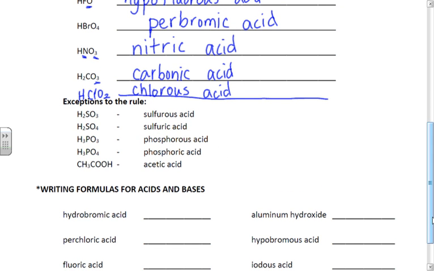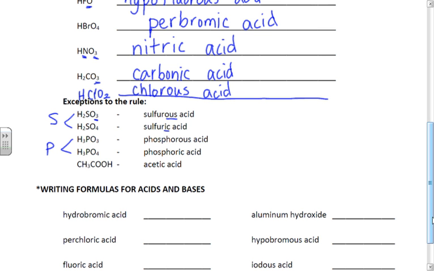There are a few exceptions to these rules, and they have to do with sulfur and phosphorus. And I will give you these as well. Anytime you have sulfur or phosphorus as that middle element, you pretty much are using the rule for the number of oxygens that come before it. So for example, if it ends with 3 oxygens, it shouldn't have a prefix and it should end with IC.